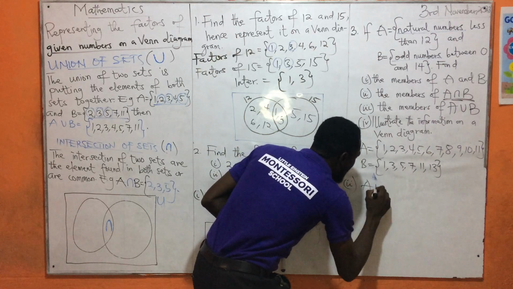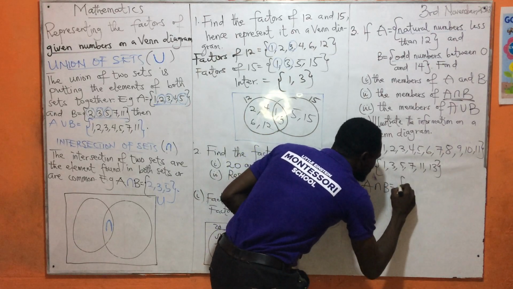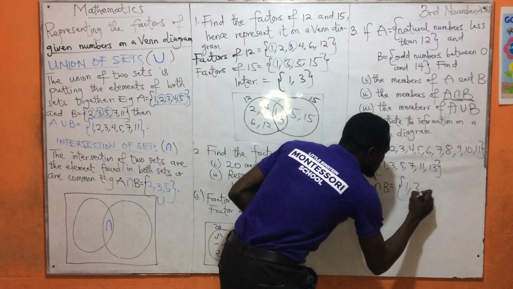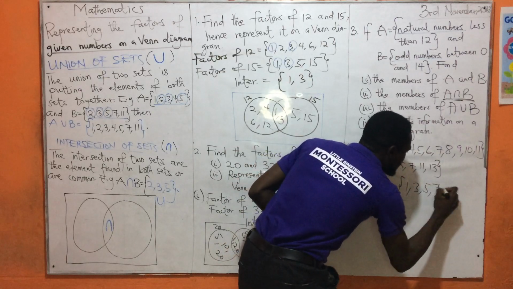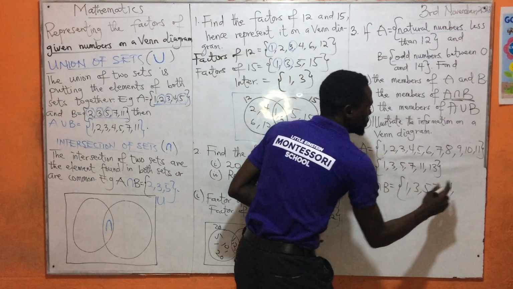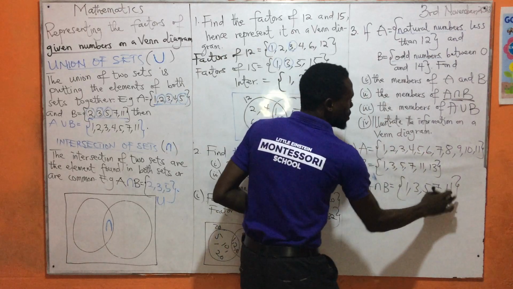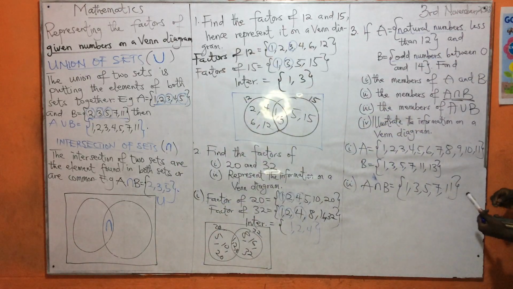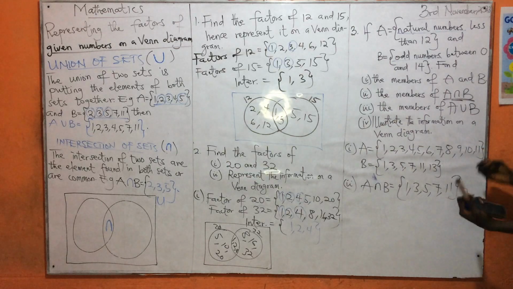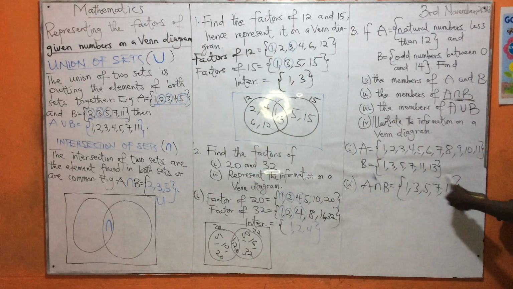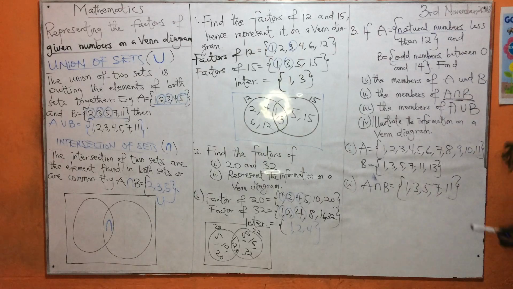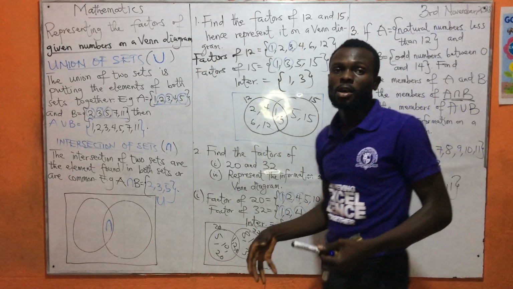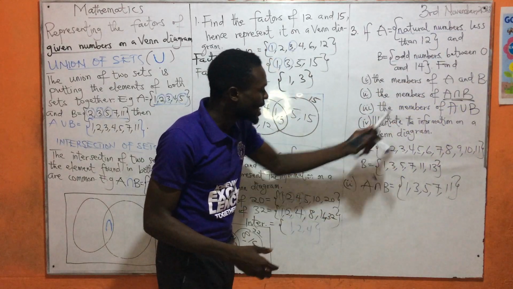So with A intersection B, we have 1, 3, 5, 7, 11. That's it. So all the elements that you can find in A and also in B give you the intersection of the elements.